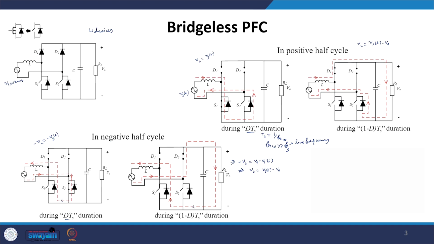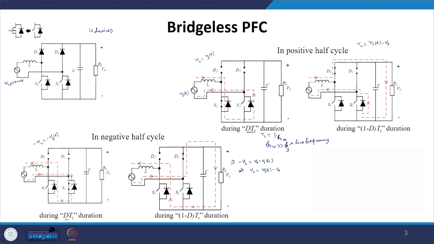And in any given instance of time, two devices are in conduction. In the dTs period, it is the S1 switch and the diode connected across the S2 switch, or the body diode if a MOSFET is used. In the 1 minus dTs period, it is the diode D1 and the diode connected to the S2 switch.